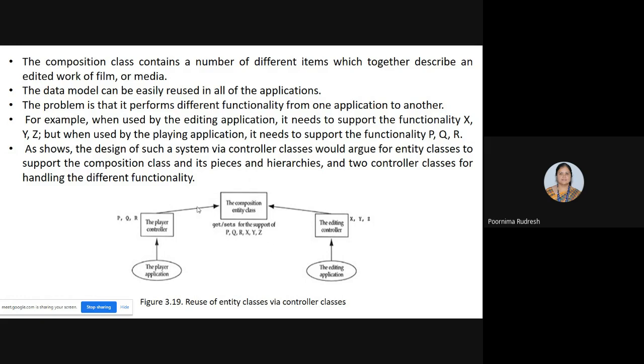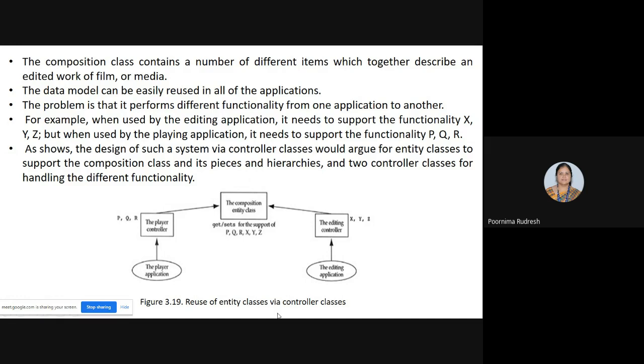And this data part we can see here: the data model of a composition class can be reused in many applications. So the composition entity class consists of PQR, XYZ, etc. Clear? And here the problem is that it performs different functionality from one application to another.